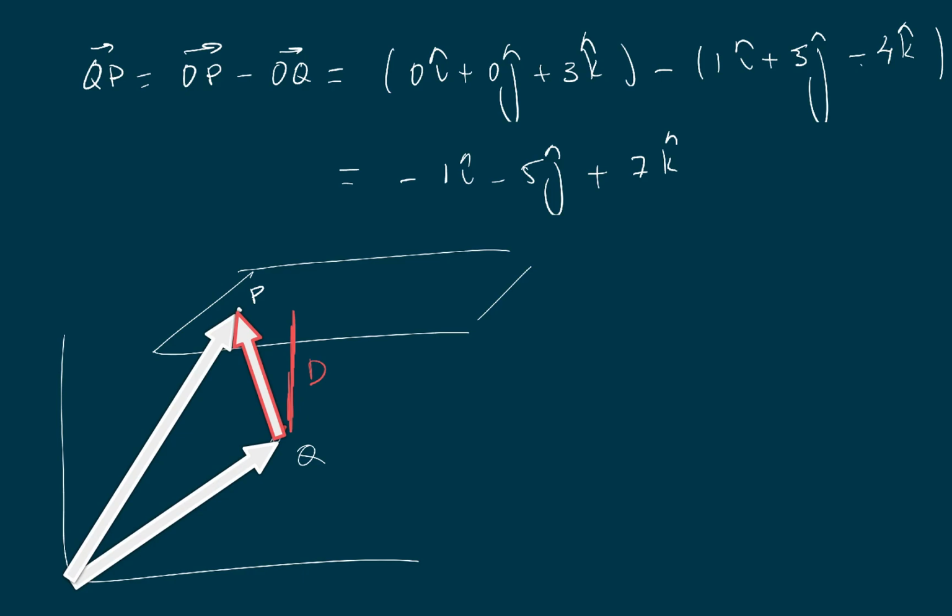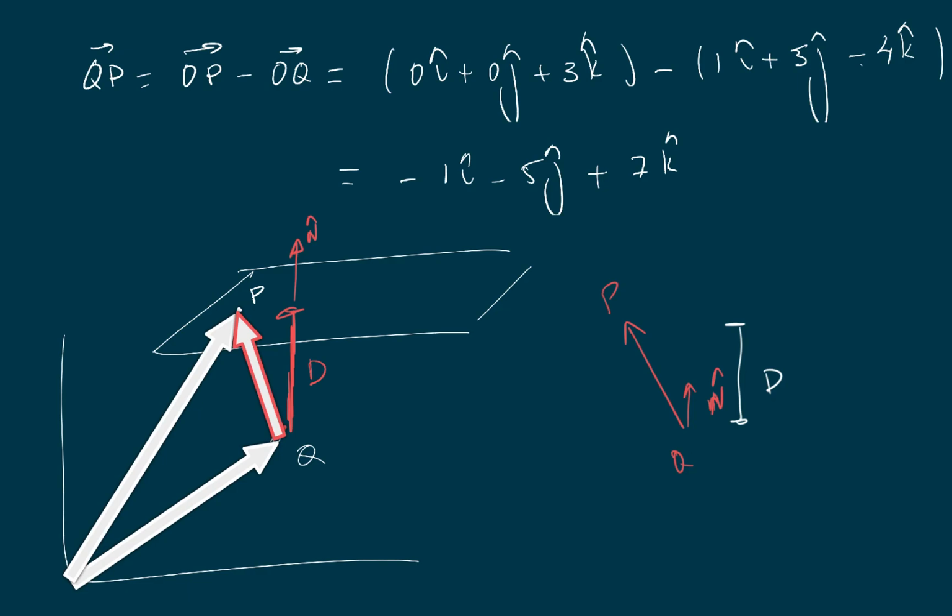Okay, what is the distance? The distance is QP dot the unitary normal vector. If you project the vector QP onto the direction of the unitary normal vector, you will obtain this distance, that is the distance from the point to the plane.